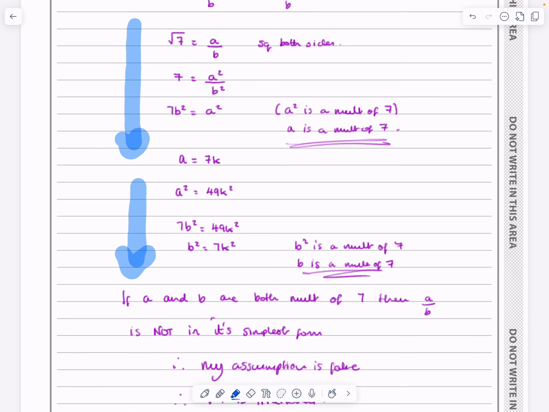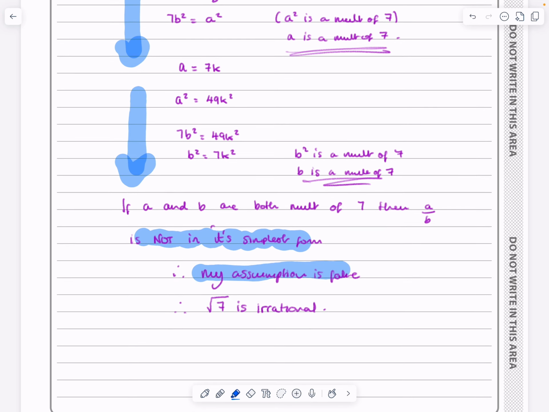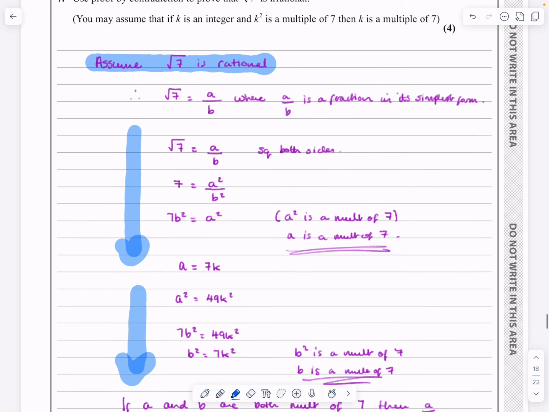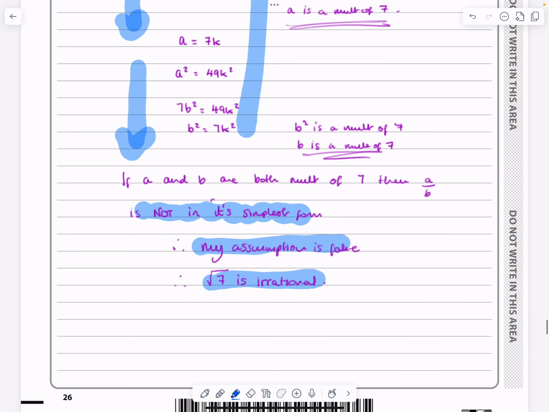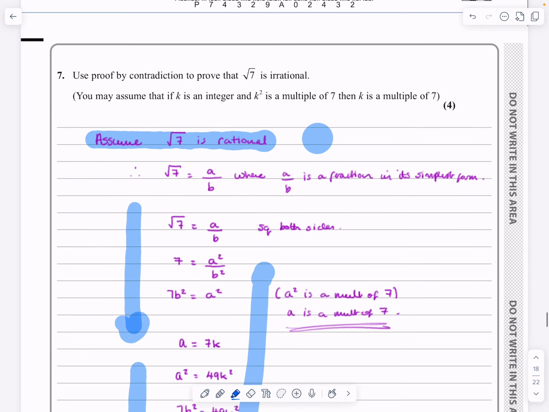In this case, the fraction is not in its simplest form. So my assumption is false, and the thing I was trying to prove is true. So always make a false assumption, go through the work, then say that your assumption doesn't work, and so what we were trying to prove in the first place does.